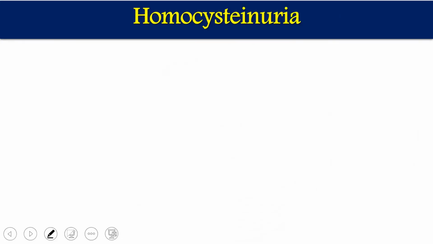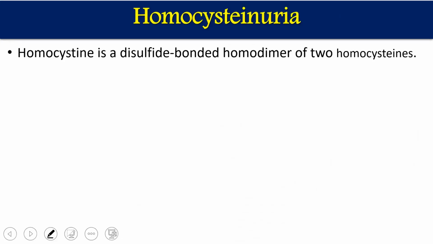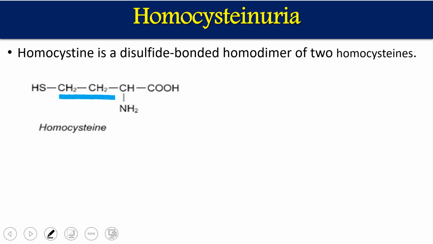Now, what is homocystinuria? What is homocysteine? This is the compound homocysteine. If we see the structures of cysteine and homocysteine, cysteine has only one methyl group in the R group, but homocysteine has two. So homocysteine has one extra methyl group.